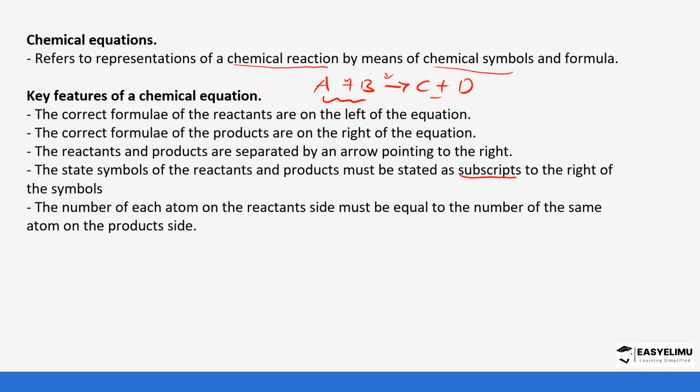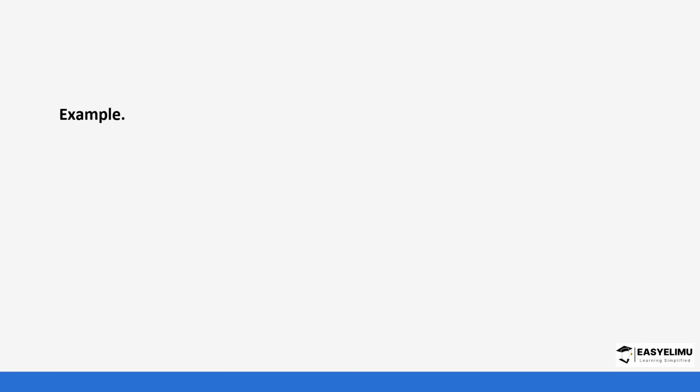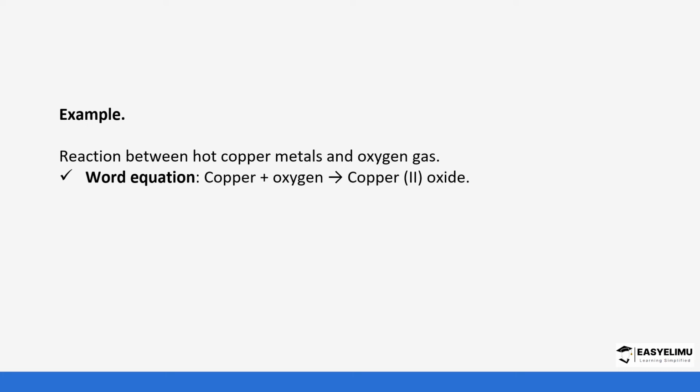You're going to see that later on. And then the number of atoms in the reactants will always be equal to the number of atoms in the product side. We say that there's no loss. The atoms are usually retained in both sides. So for example, in the reaction between copper metal and oxygen, the word equations is what we discussed in Form 1. You can go and check that out. So copper and oxygen are the reactants.